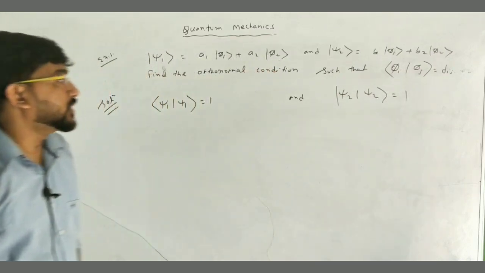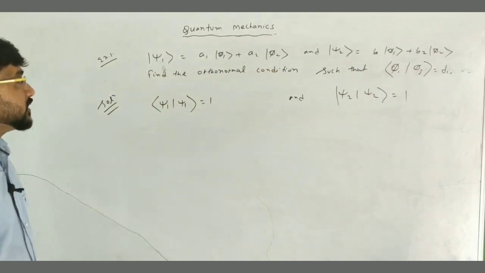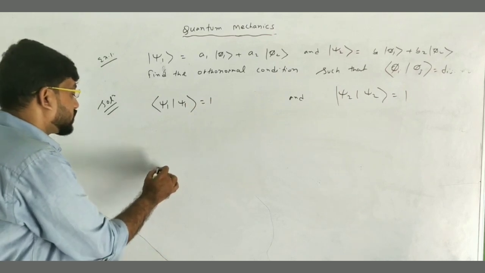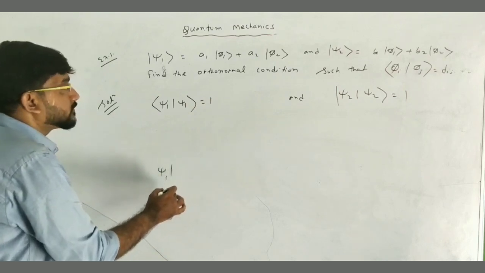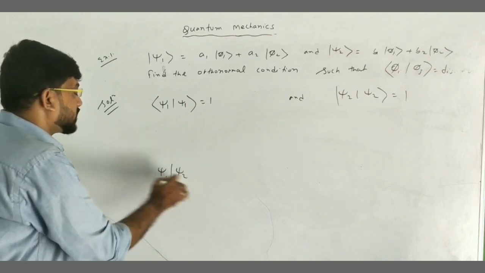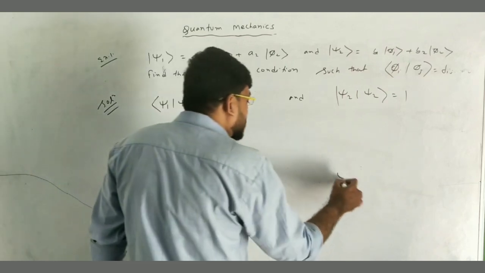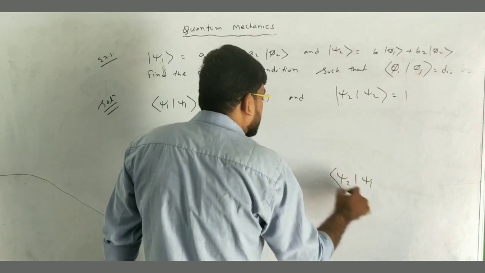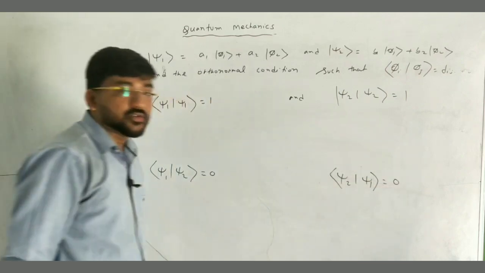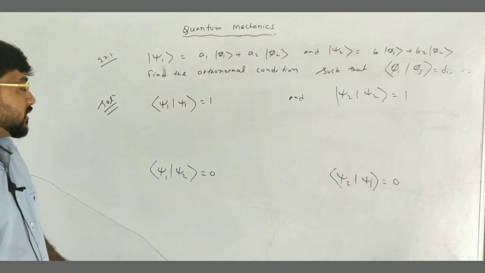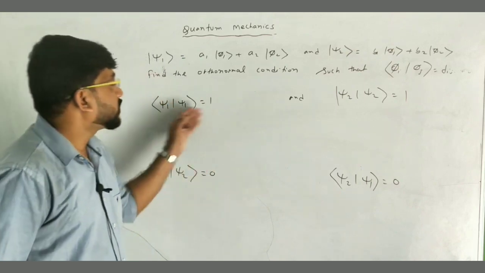So, we will get these two conditions first. Not only this, we will get psi 1 with psi 2 equal to 0 because this is the orthogonal condition. Similarly, psi 2 with psi 1 will also be 0 because this is also the orthogonal condition. So, these are the orthogonal conditions and these are the normalization conditions.